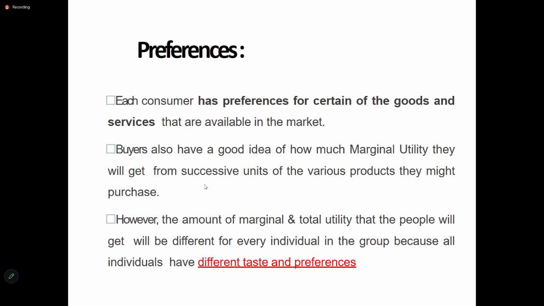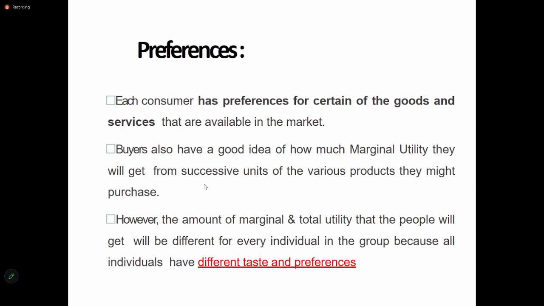So buyers also have a good idea of how much marginal utility they will get. That means marginal utility is very important in this case. So every time you have to think about the marginal utility, not the total utility.